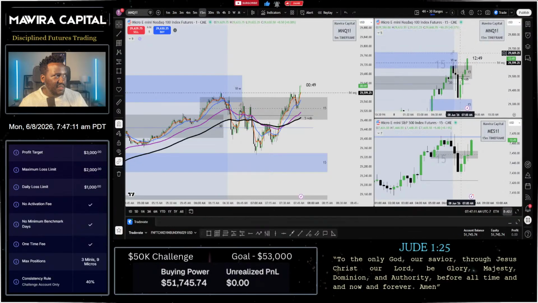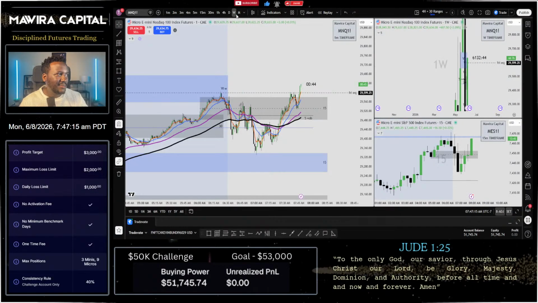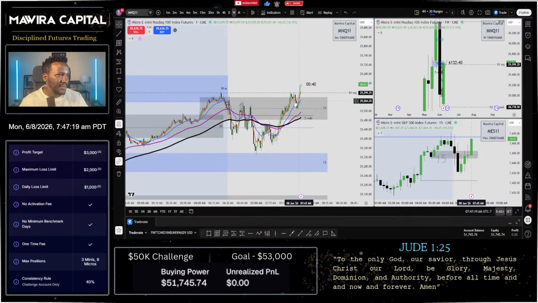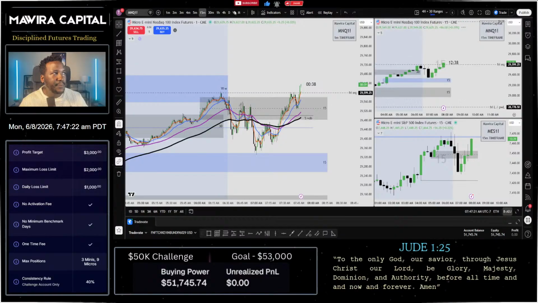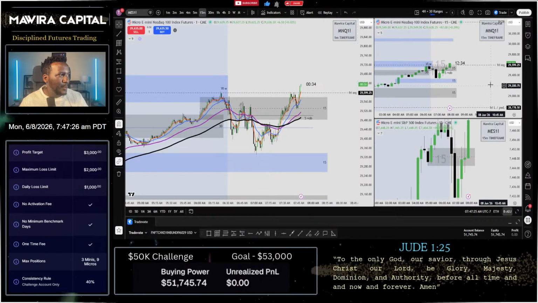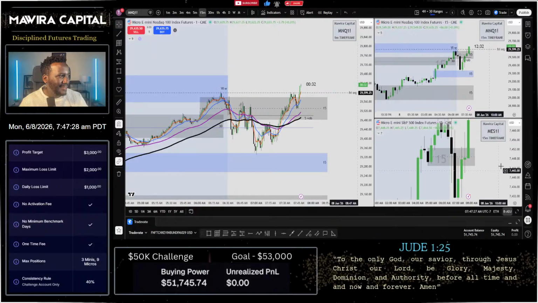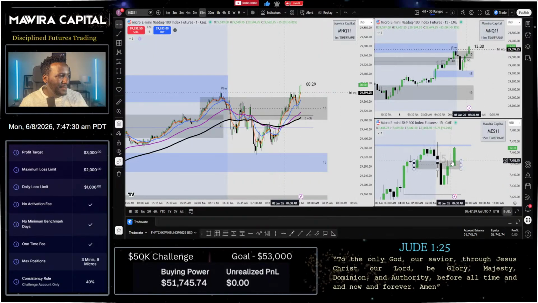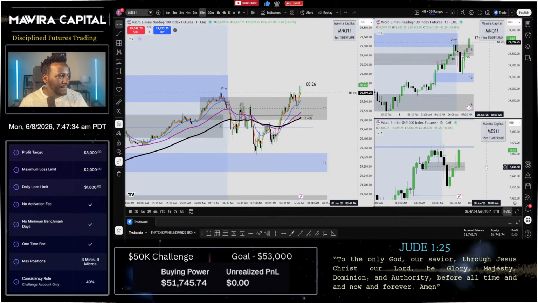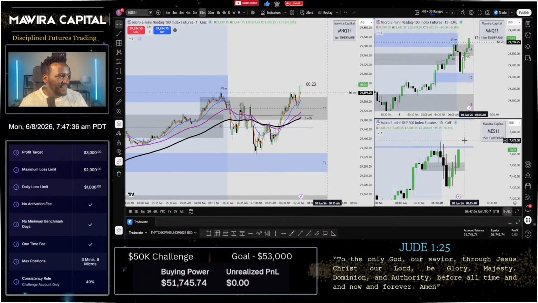And then we have this zone here, which ideally is meant to be filled anyway. And that trade is gone. And ES is catching up quick, real quick, fast.